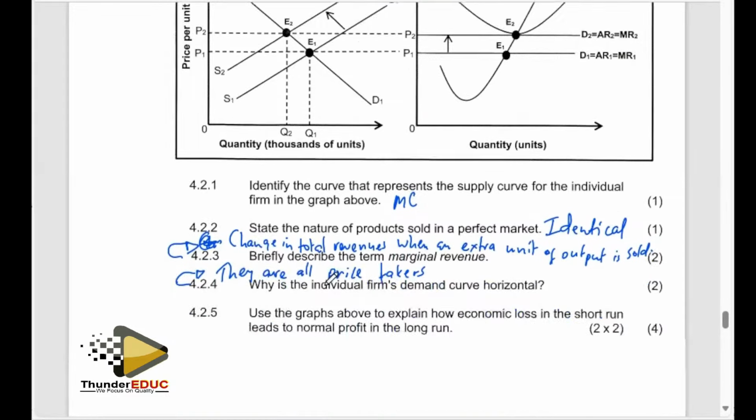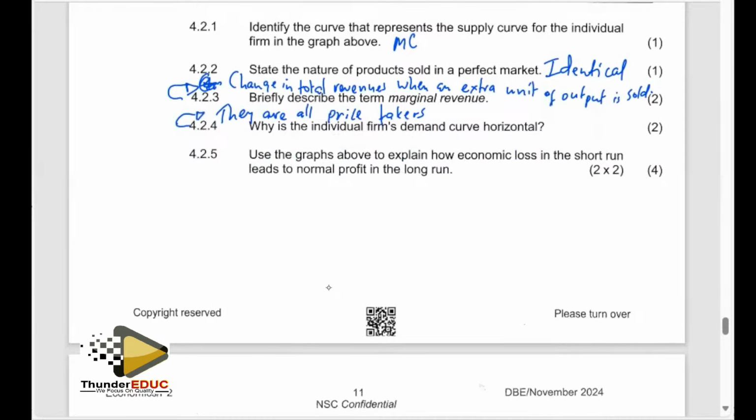We're saying that MC represents the short run marginal cost of individual producer.